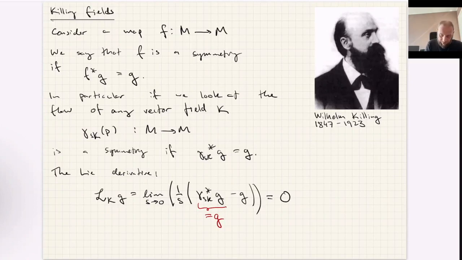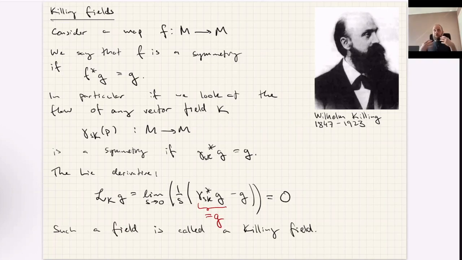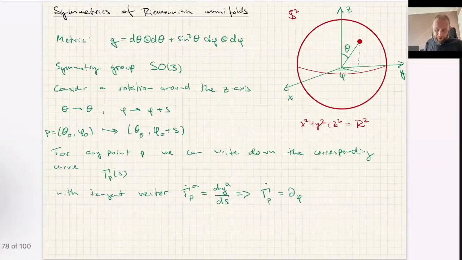So such a field is called the Killing field. So a Killing field defines a flow which is a symmetry of the space. So for example, this example with the sphere that we had, the Killing field would be just the coordinate basis field d phi.